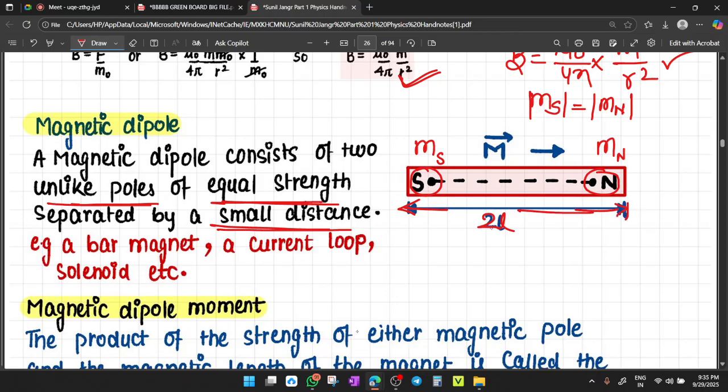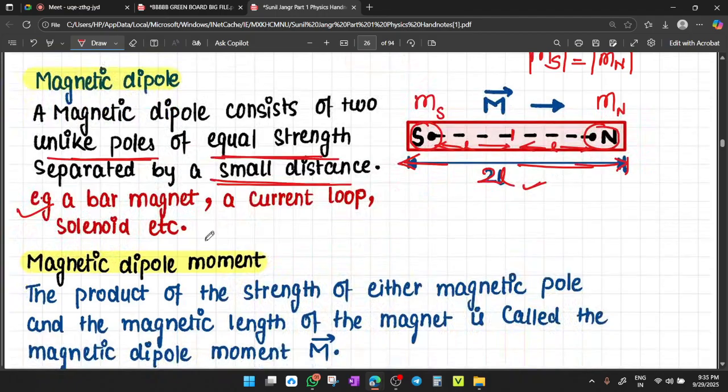Just before, I said that the length is considered as 2L to make our calculation very easy. So this part of length is considered L and L will give a sum of 2L. Examples: a bar magnet, a current loop, and all the solenoids are examples of a magnetic dipole.